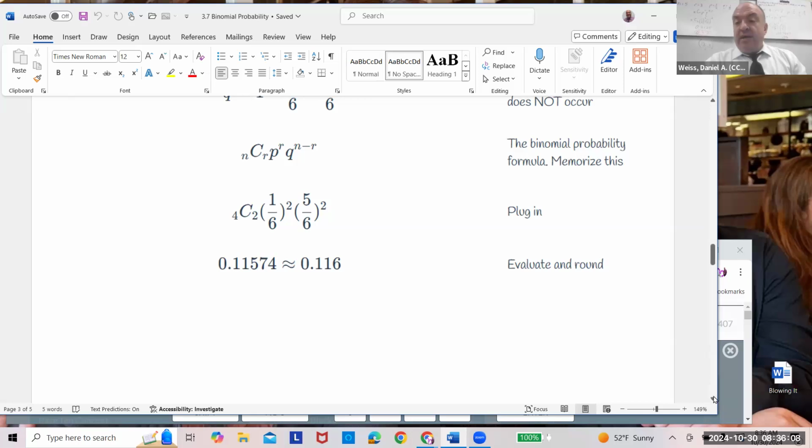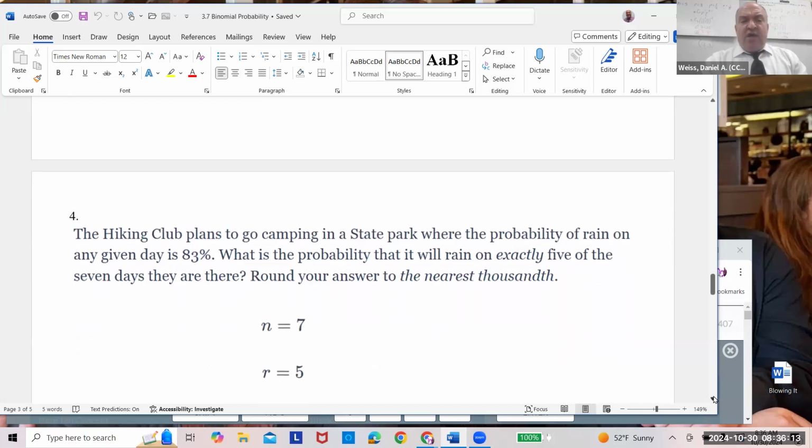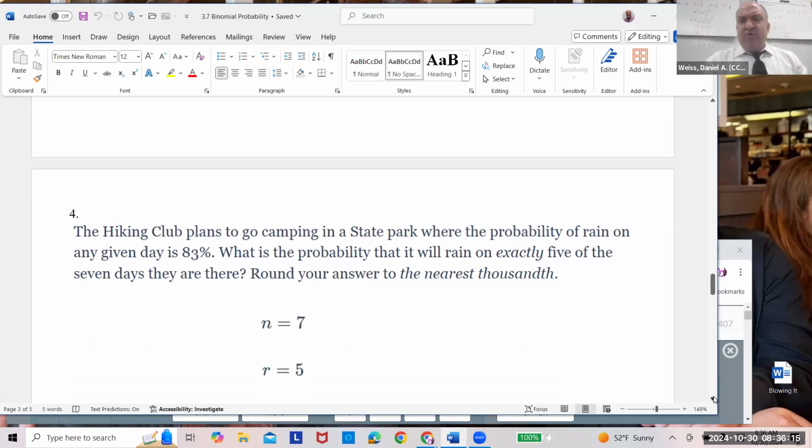All right. Next. Look at this. The hiking club plans to go camping in a state park where the probability of rain any given day is 0.83 or 83%. What is the probability that it will rain on exactly 5 of the 7 days they are there? Okay, so here we go. N is going to be 7 because they're going to be there 7 days.